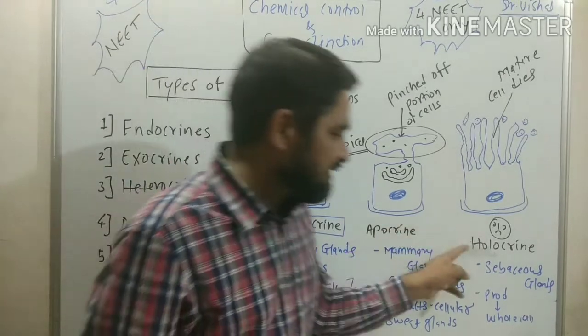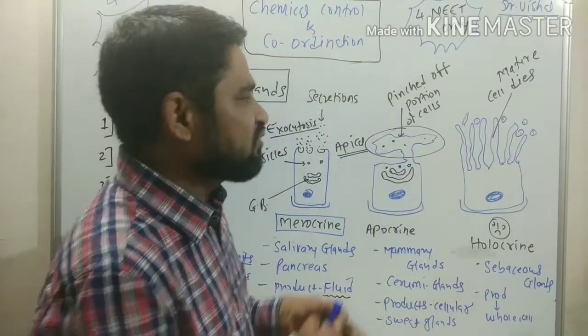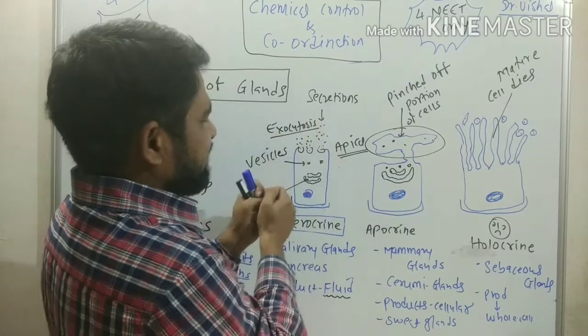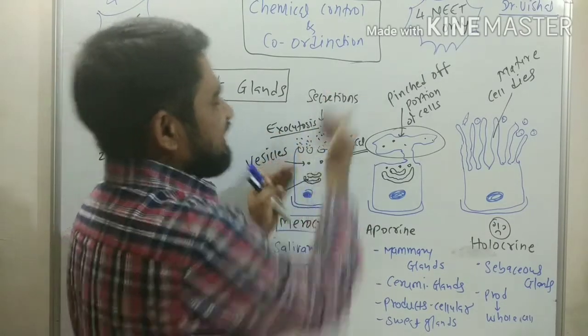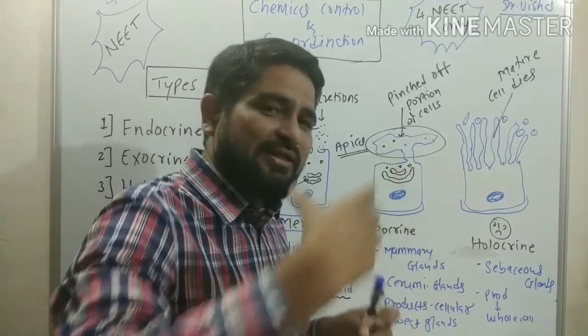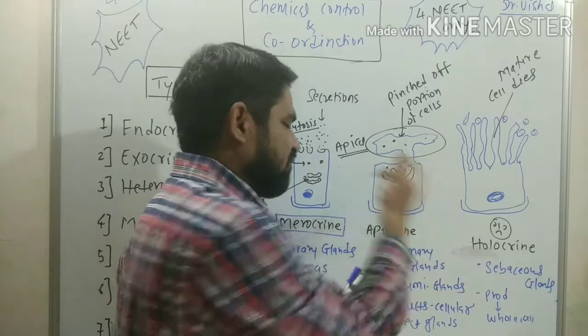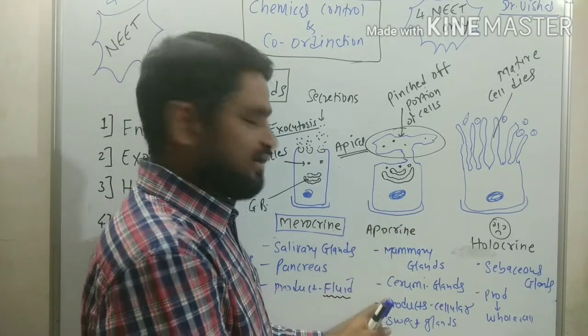The last is holocrine glands. Looking at the diagram, in merocrine glands the cell is not affected; only the plasma membrane is affected, where exocytosis takes place. In apocrines, the apical portion of the cell is pinched off and the cellular portion is the product. Here in merocrines the product is fluid, and in apocrines the product is cellular.